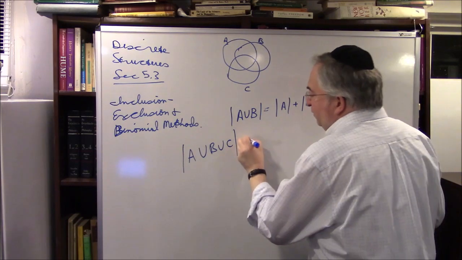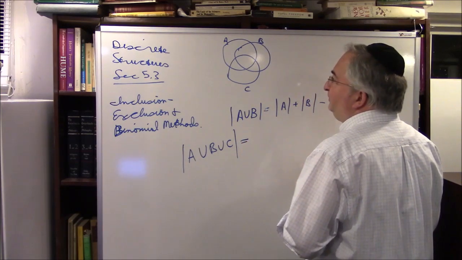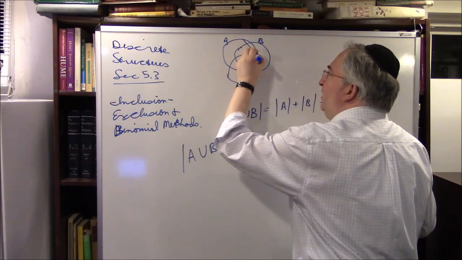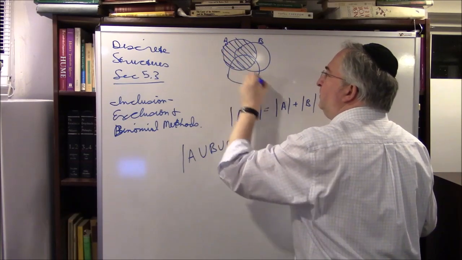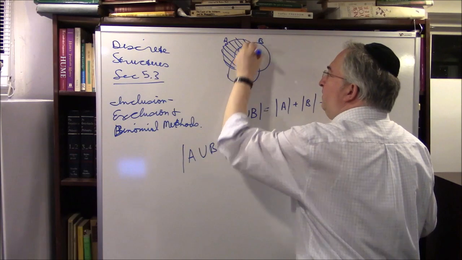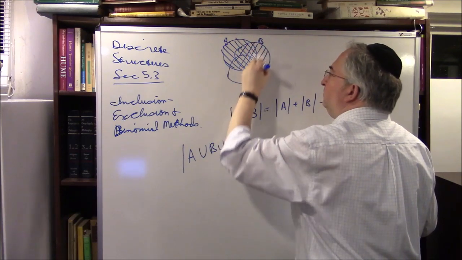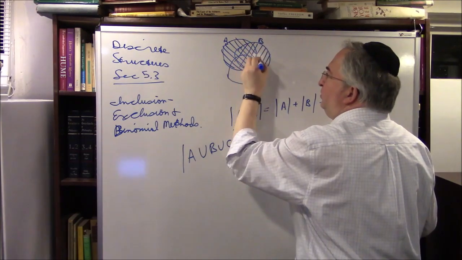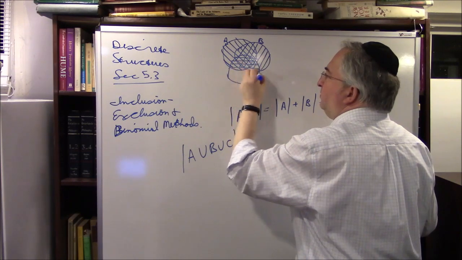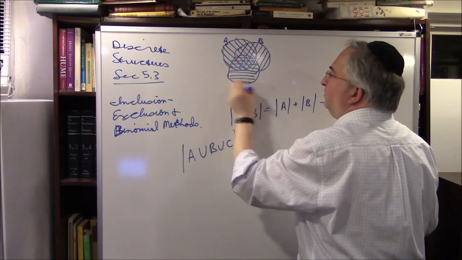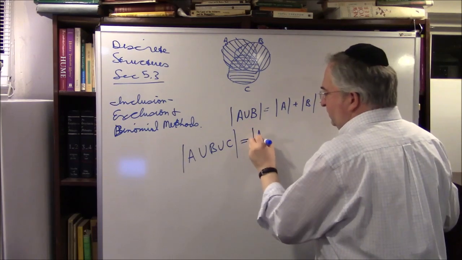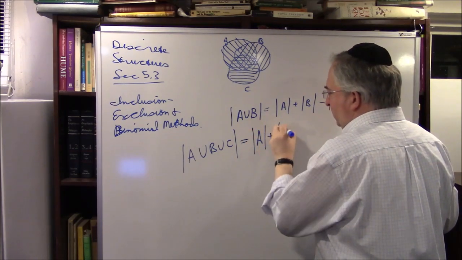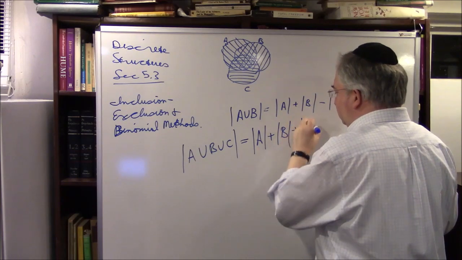Okay, so the rule is as follows. Well, let's just do it this way. I'm going to add up all the elements in A. Then I'm going to do all the elements in B. And then I'm going to do all the elements in C. So that's the elements in A plus the elements in B plus the elements in C.